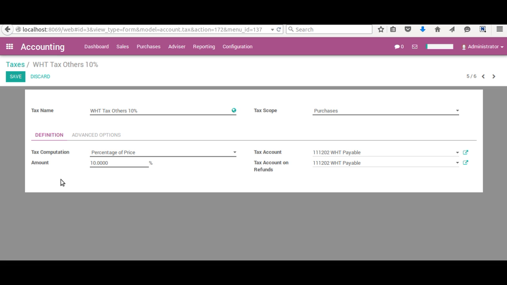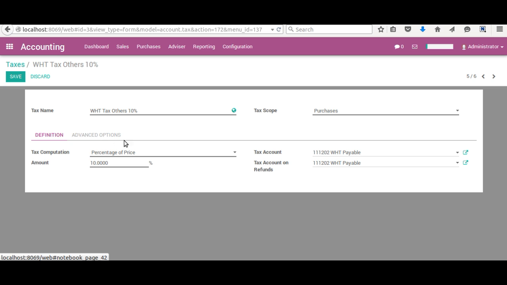When we deduct that money, it becomes a liability because it's the money that belongs to our vendor. We have deducted it and we're supposed to remit to government. So that deduction will go to a payable account. And for this, I have set up an account called withholding tax payable.